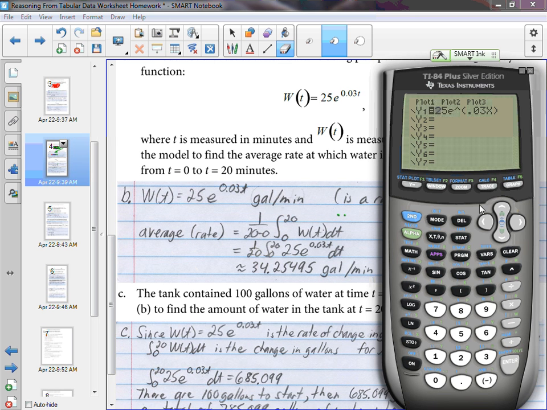So I graphed that, took the integral from 0 to 25. Uh-oh, I did something wrong. The integral from 0 to 20, and then I divided it by 20 to get my answer. All right? Okay, I think we'll stop there.